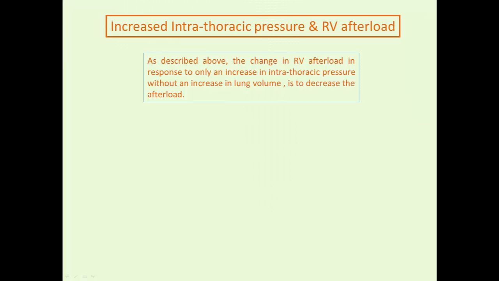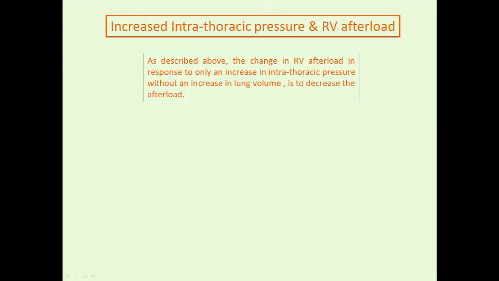Remember we talked about, I think in part 2 of this chapter, that the afterload is modeled by the wall tension across the right ventricle during systole, the max wall tension, and that's modeled after the law of Laplace. It's directly proportional to the radius of curvature and the transmural ventricular pressure.